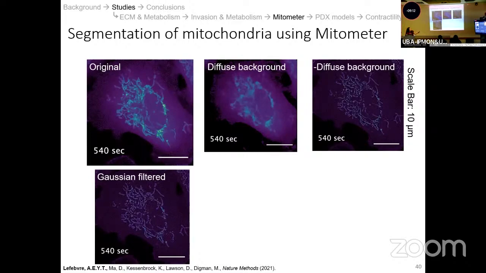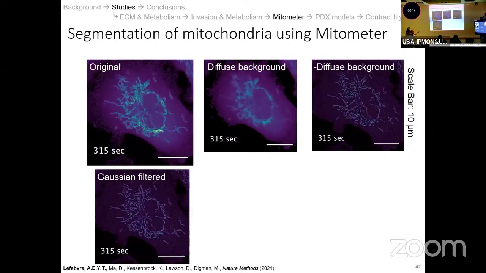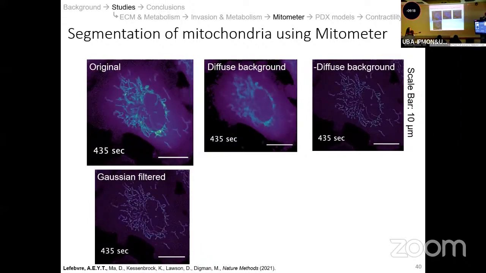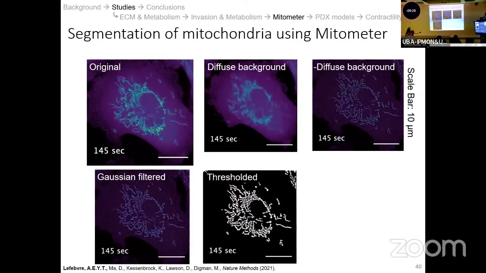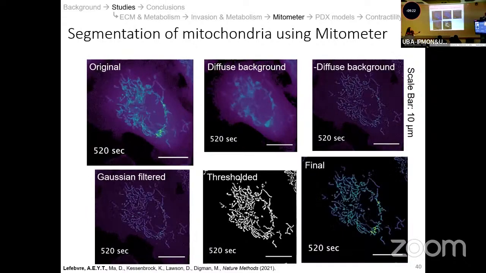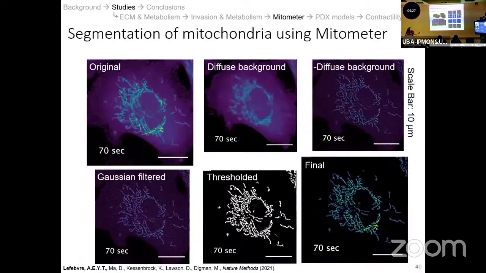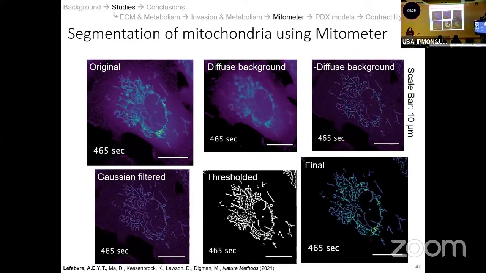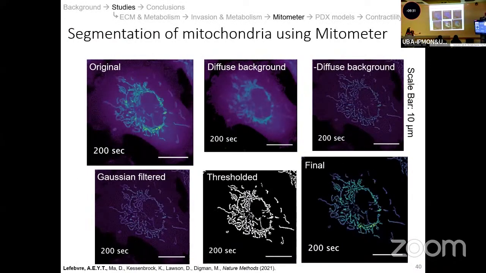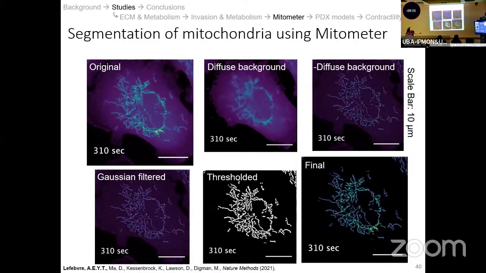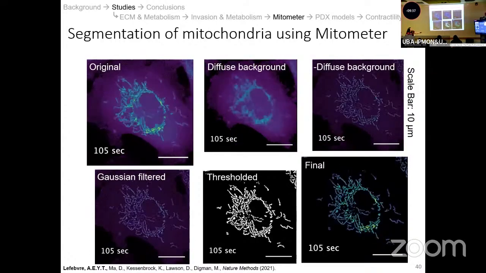So he got this image here. He subtracted the background. So this is what the background looks like. He Gaussian filtered the image. And then he thresholded, and then the final image that you could see here is isolated mitochondria as best as he could get. Okay, so now we have a final image, and now we can analyze this as a function of time.